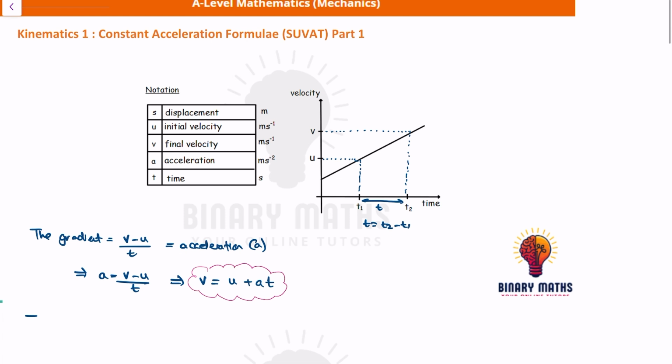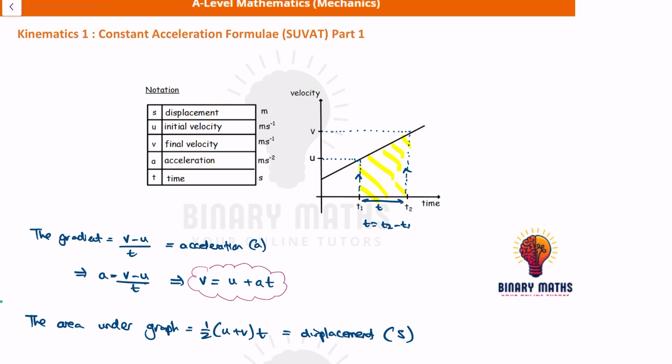Okay, the area under the line graph is equal to displacement, remember? If I wanted to work out the area under the graph, which is this highlighted part, it's the area of a trapezium, which means it's half of the two parallel sides, u plus v, times the time, which is equal to displacement, normally denoted s.